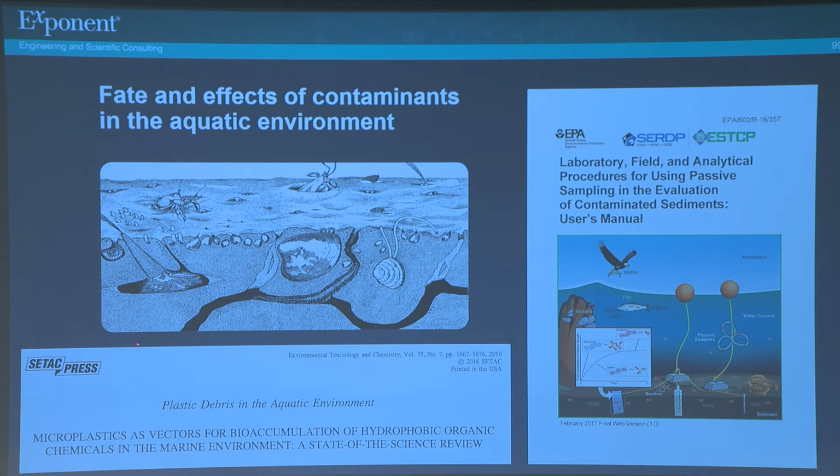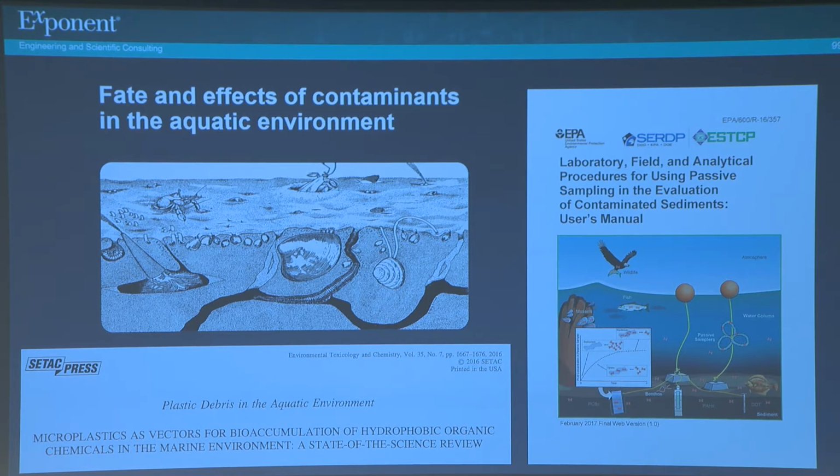This is a paper in Environmental Toxicology and Chemistry that specifically looked at the question of whether microplastics are a unique and important vector for the food chain transfer of exogenous contaminants like PCBs that sorb onto microplastics in the aquatic environment.